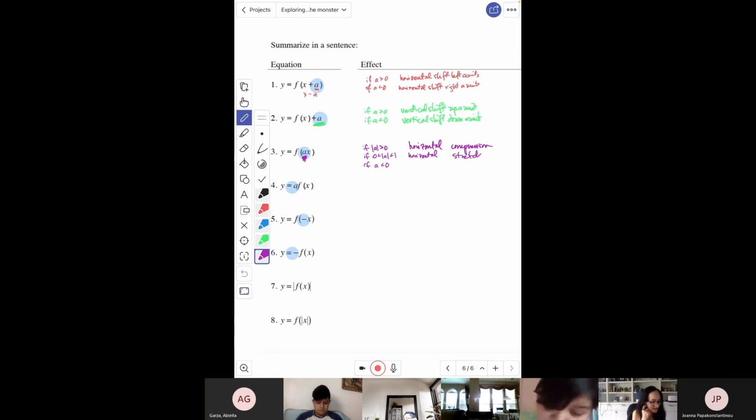And what if A is negative? What happened to the graph? For example, if I had f of negative x, what was happening there? Can we explain that transformation? What happens if we're taking the opposite of the x values? What was happening to the graph?